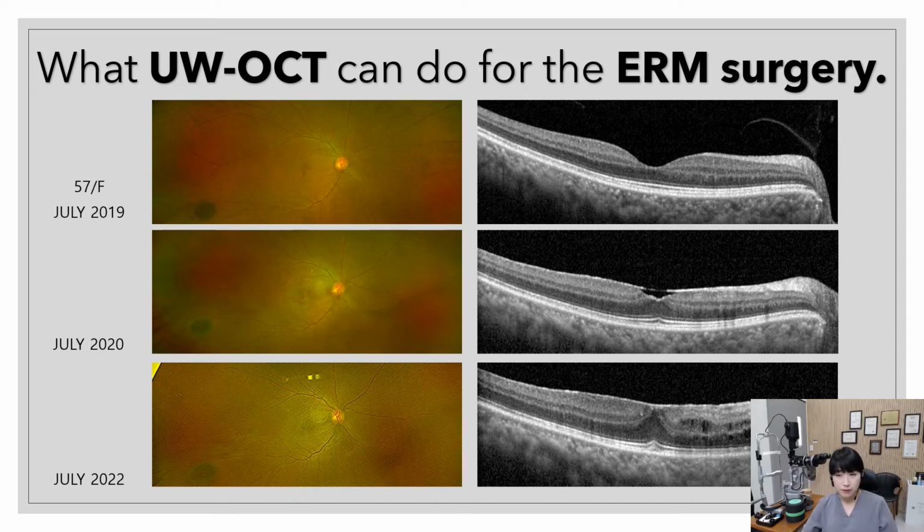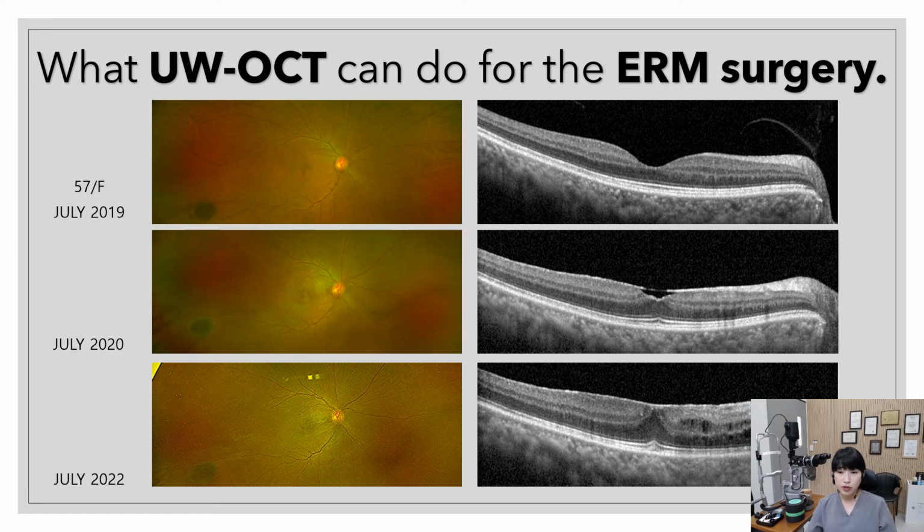Let's check this 57-year-old female patient. 3 years ago, she showed vitreomacular adhesion on the disc and fovea. 1 year later, a thin epiretinal membrane was detected, but the fovea was okay. And last month, she said that the vision in her right eye had deteriorated, and I found that the epiretinal membrane had progressed to the stage where retinoschisis had developed.